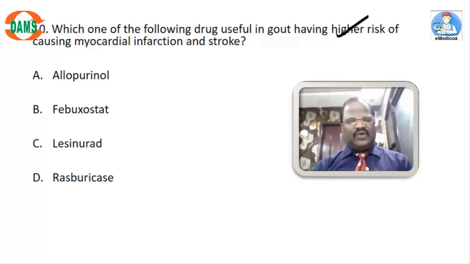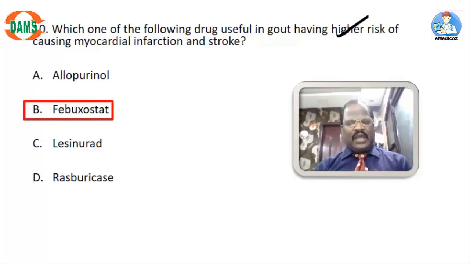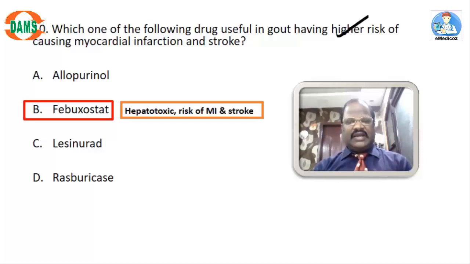The answer is febuxostat. Febuxostat is actually a xanthine oxidase enzyme inhibitor inhibiting uric acid synthesis. This drug has the adverse effect of hepatotoxicity and also has a high risk of causing MI and stroke.